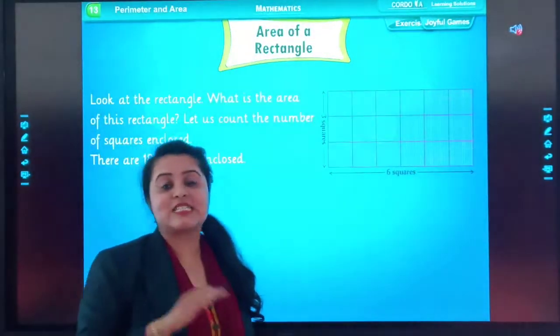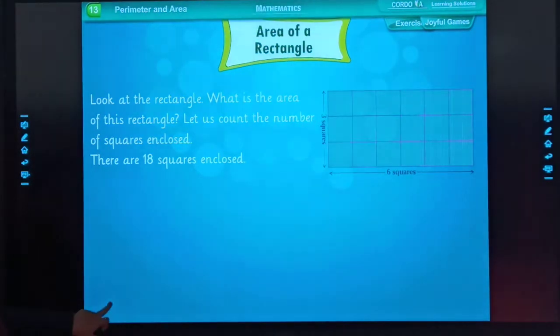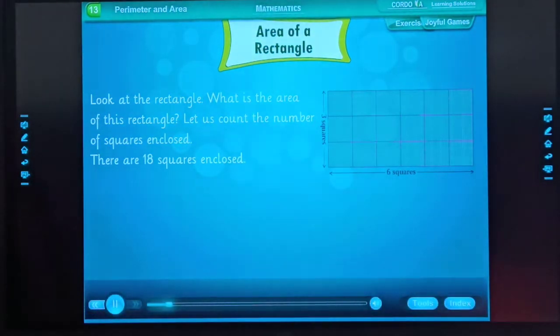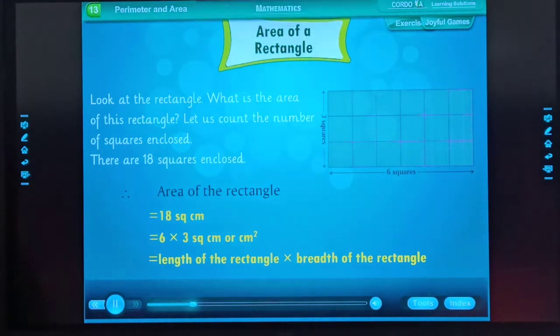All I can say 6 3s are 18. There are 18 squares enclosed. Therefore, area of a rectangle is equal to 18 square centimeters, which is equal to 6 into 3 square centimeters or centimeter square. Therefore, length of the rectangle into breadth of the rectangle.